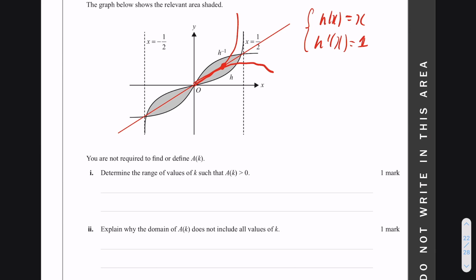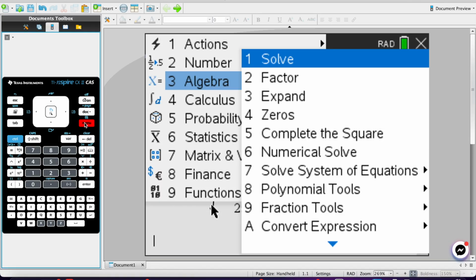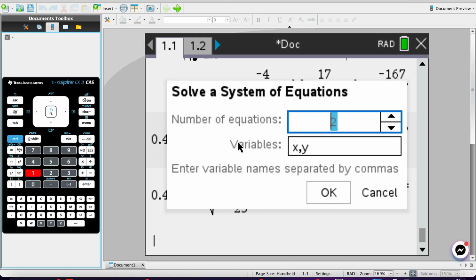So on the CAS, menu 371, we've got x and k as our two variables.